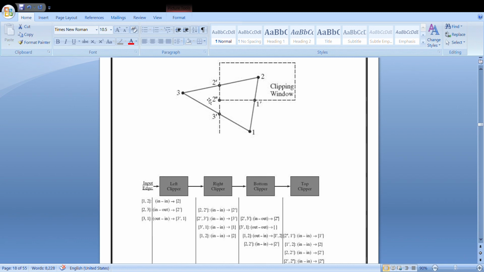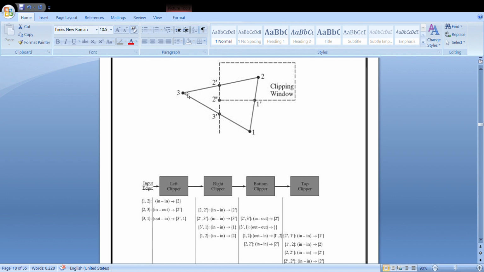And when you take 2 to 3 here, what does this say? With respect to the left clipper I am talking. So from 2 to 3, this is a case of 2 is inside and 3 is outside. That is what is specified here, in to out. So here the output of this is a new point called 2 dash. But in the previous case we didn't do that. 1 to 2, we didn't create any new vertex, we kept 2 only as the output vertex.